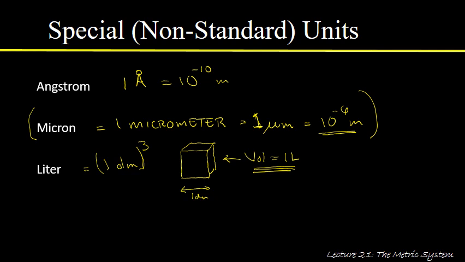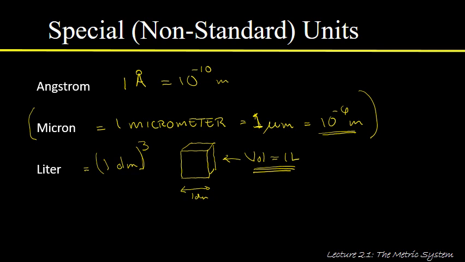The standard unit of volume in the metric system is actually the cubic meter. And sometimes when you look things up in tables, you'll see the volumes given in cubic meters. But because a cubic meter is actually pretty darn big, a lot of times when values are listed in cubic meters, like if you list the mass of an object in grams per cubic meter, you end up getting really, really big numbers because a cubic meter is so large.